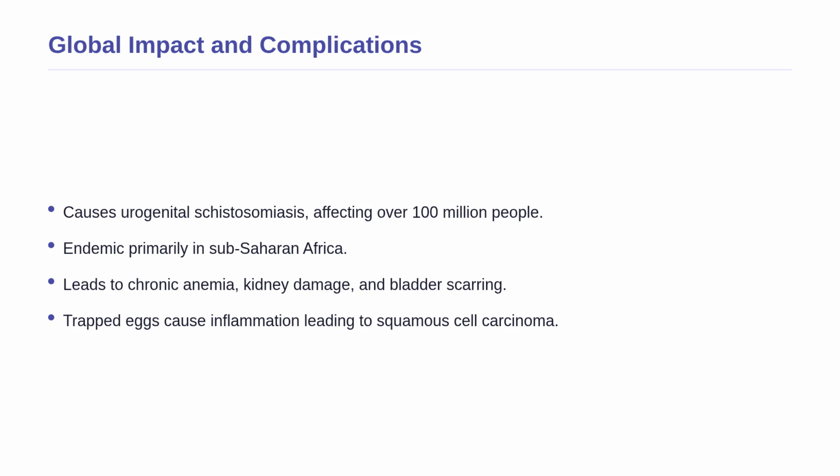The structural damage causes severe kidney issues and irreversible bladder scarring. Even worse, many of the spiky eggs never make it out of the body. They get trapped in the bladder wall. The chronic inflammation caused by these trapped eggs is a major leading cause of squamous cell carcinoma, a deadly type of bladder cancer.